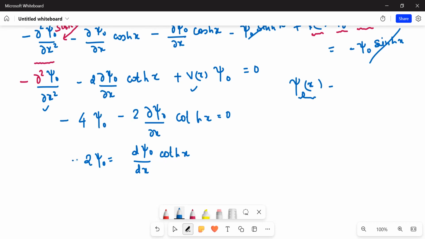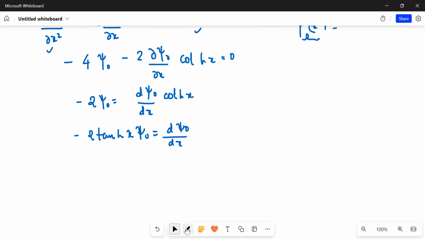I think there would be a negative. Okay, so there would be a negative here, which is simply equal to minus 2 tan hyperbolic x psi naught is equal to d psi naught upon dx. Now, what I can do, I can integrate on both sides.